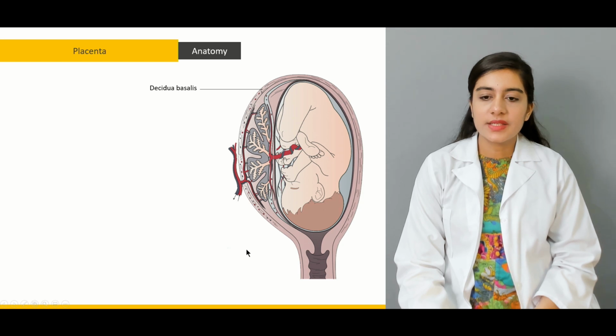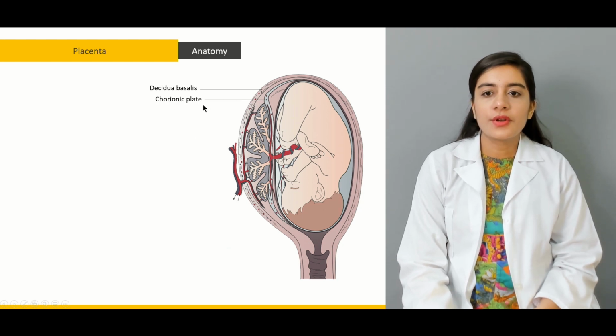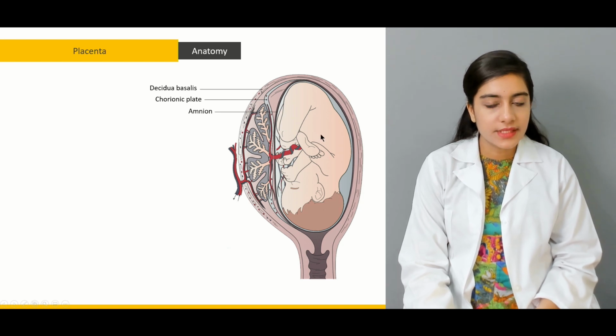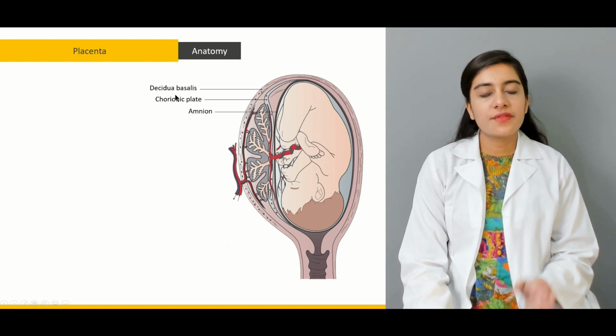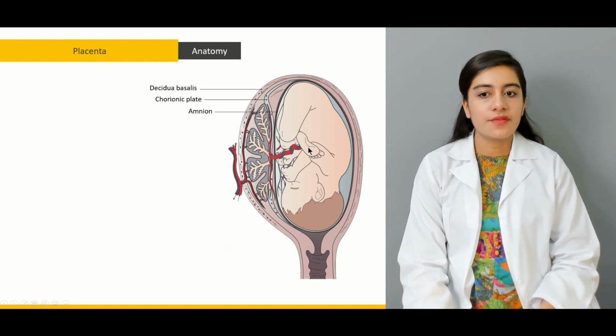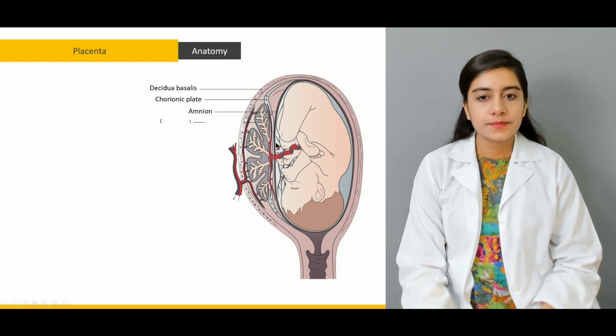This area is present over the mother's side and this lining is facing the fetus. Then we have the chorionic plate. These two, the chorionic plate and the amnion, are the two innermost layers. This one is the chorion and the innermost is the amnion, and inside the amnion is the amniotic fluid and the fetus. So this one is the part facing the mother, and the chorionic plate and the amnion are the part facing the fetus.